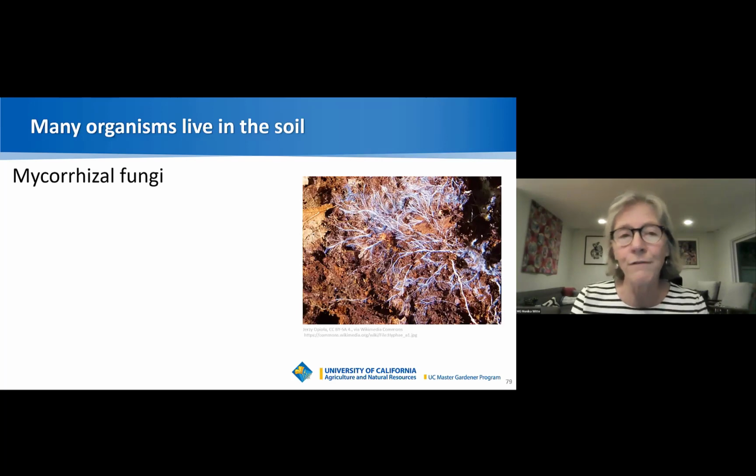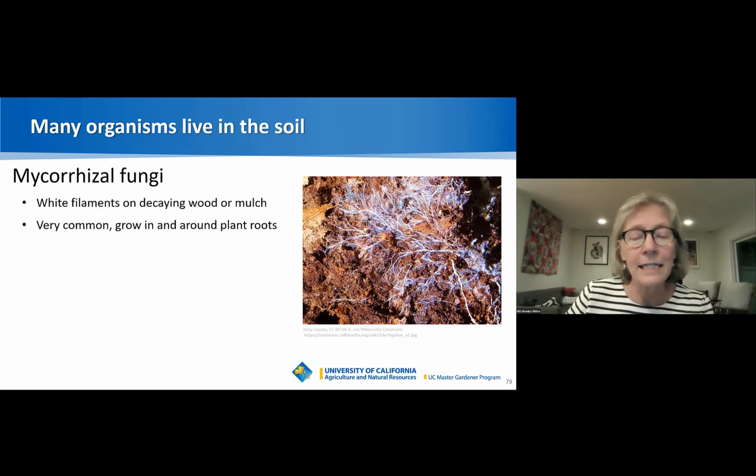I want to just talk briefly about one of them, the mycorrhizal fungi, because they're so important to plants. 90% of plants evolved to form relationships with these fungi. You've probably seen these white filaments in your garden growing on decaying wood or mulch. These threads are called hyphae, and they're very common.